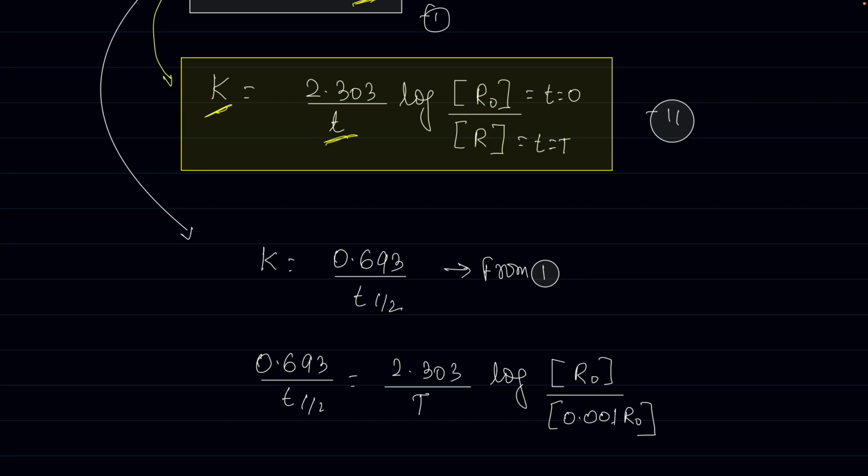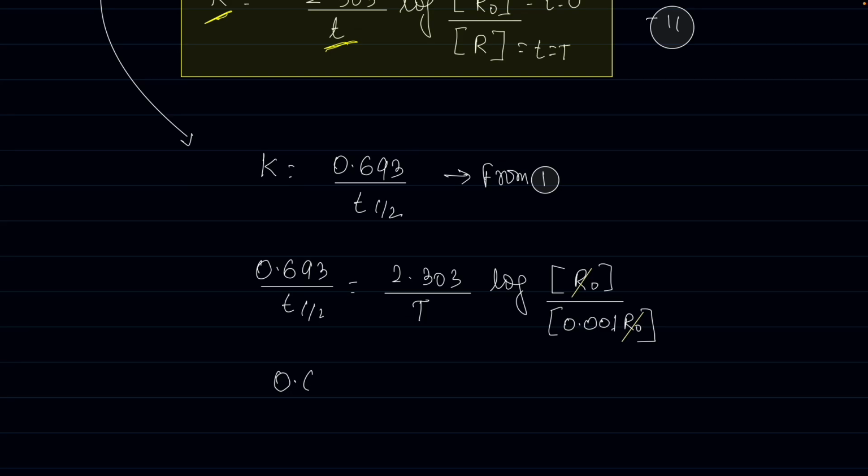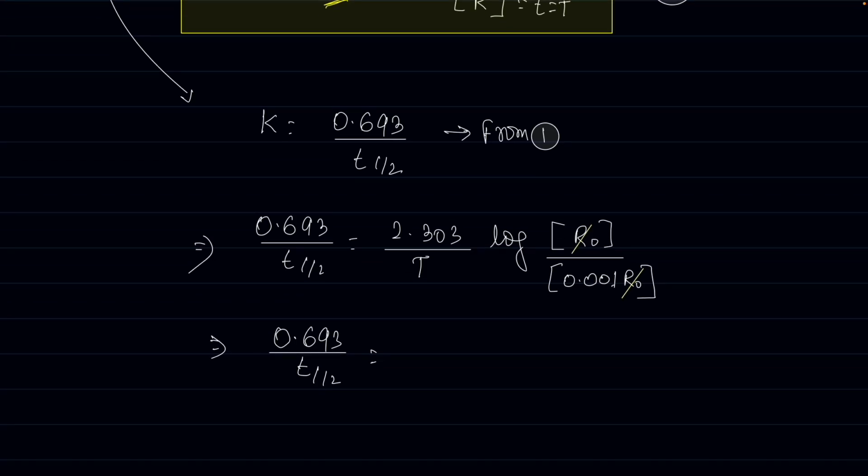Based on this relation, R naught gets cancelled. So 0.693 divided by T1/2 is equal to 2.303 divided by T, log 10 to the power 3.